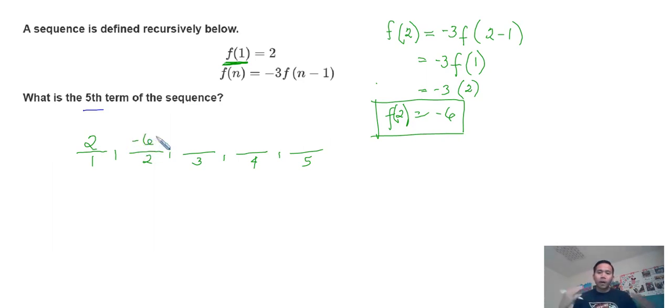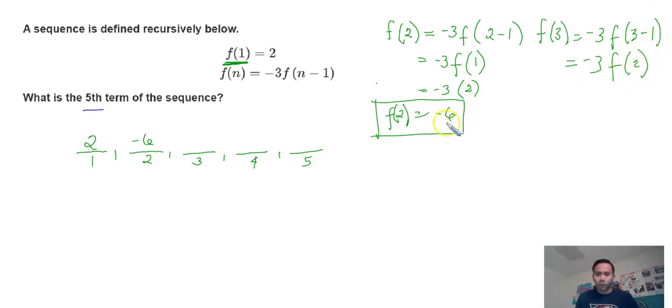So the second term, f2, is -6. All right, just like what I mentioned a while ago, a recursive function is repeating the process. So you have f3 is equal to -3 f of n, which is 3 minus 1, which is f2. And we said that f2 is -6.